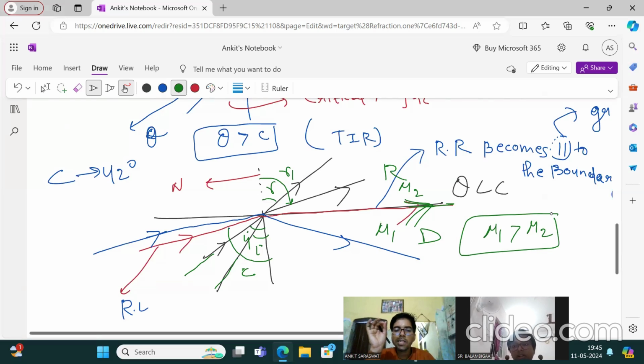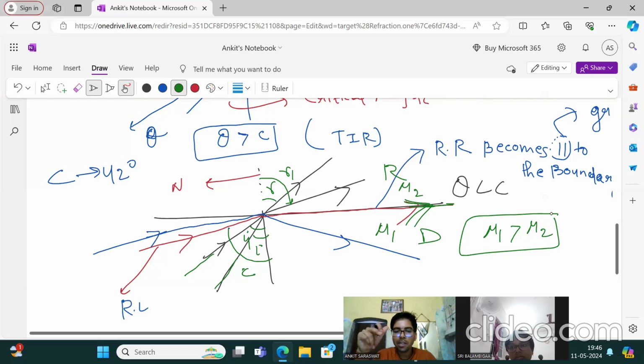Yes, sir. Understood. So at the critical angle, our refracted ray becomes parallel to the boundary. R becomes 90 degrees. Clear? But below the critical angle, for all the incident rays, there is some refraction. You will get some R value for different angles of incidence.